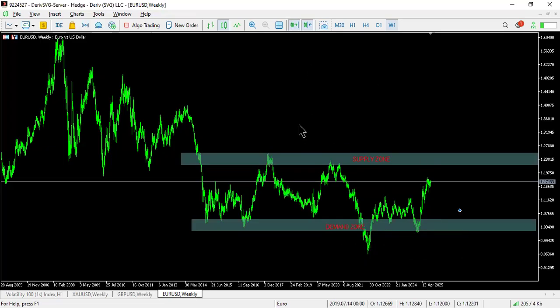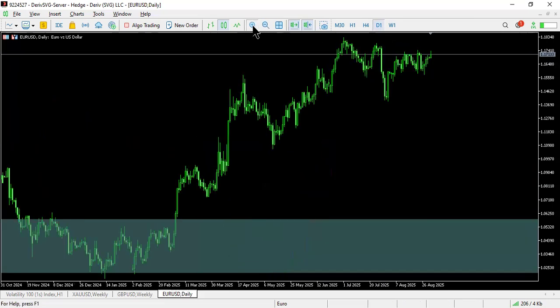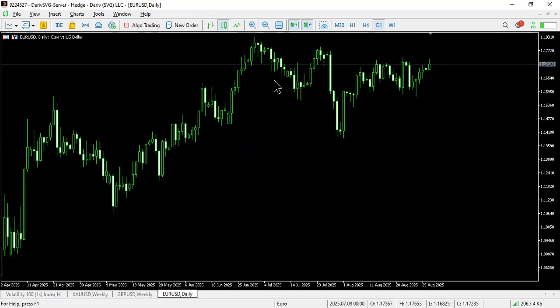That is all we do on the weekly time frame, just mark our supply and demand zones. And then you go to the daily time frame to study the recent price action.